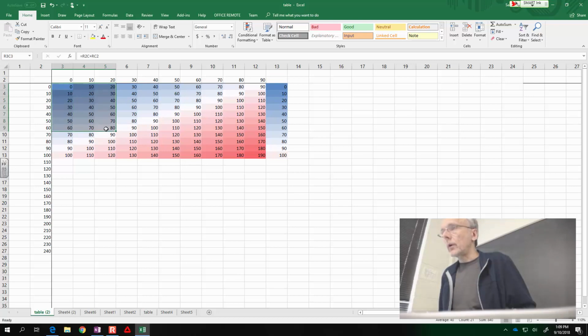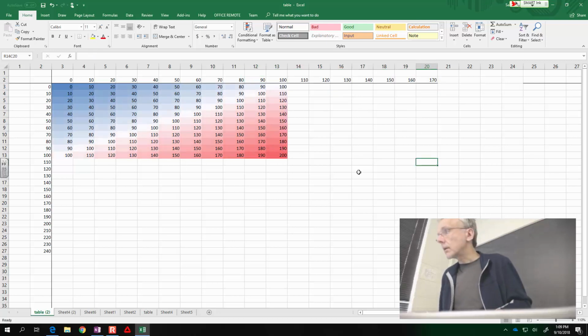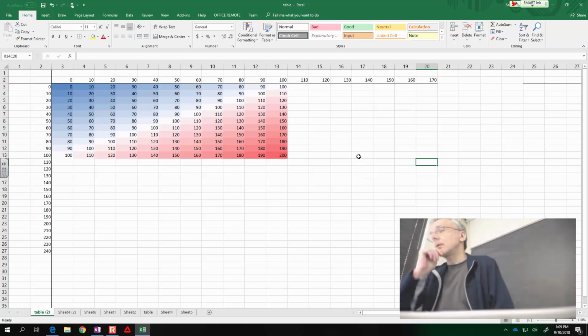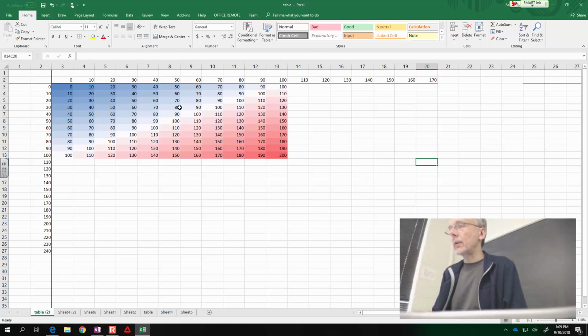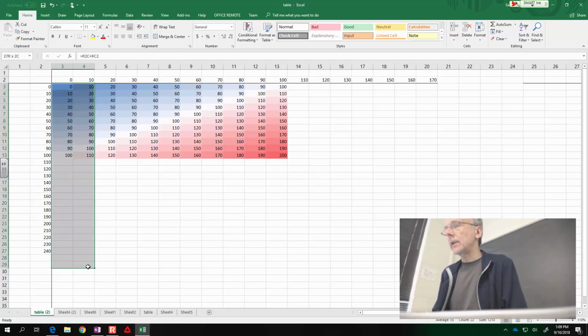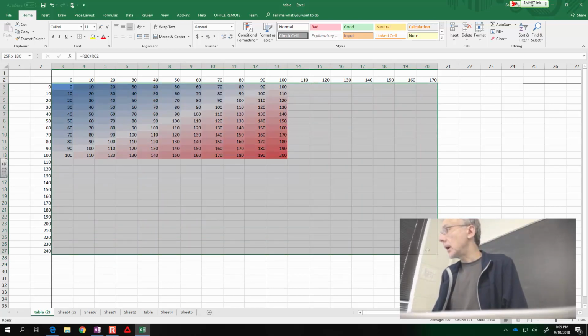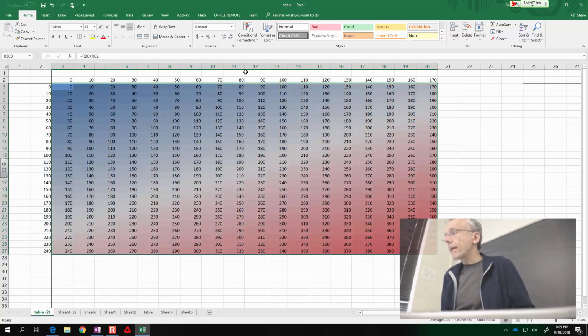Okay, let's spread it. Let me spread this out. If the pattern becomes clearer, if it is bigger, and if we zoom out, maybe it will be easier to see.